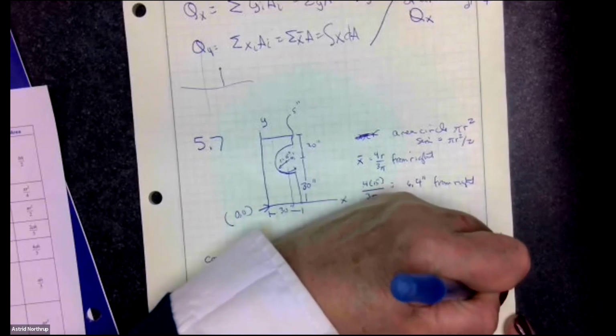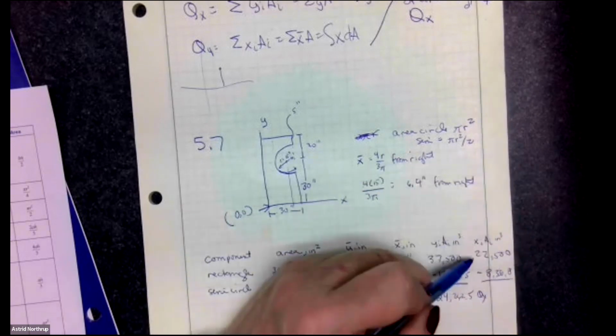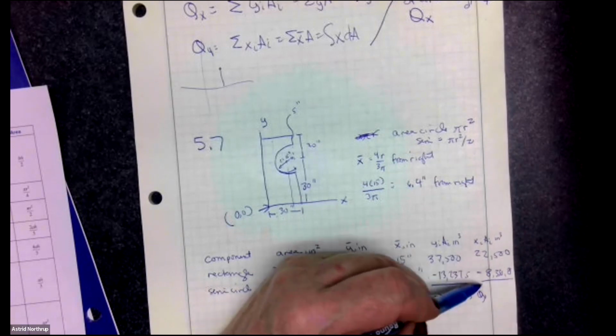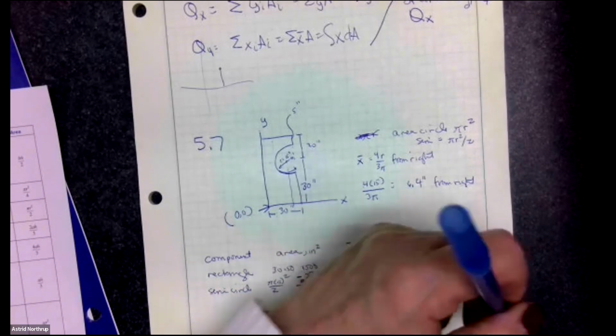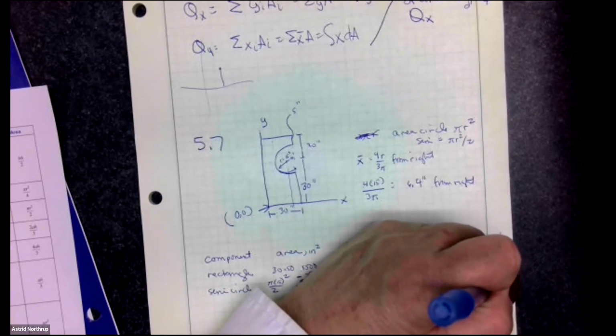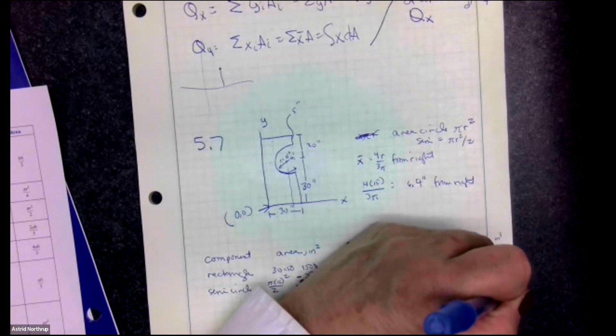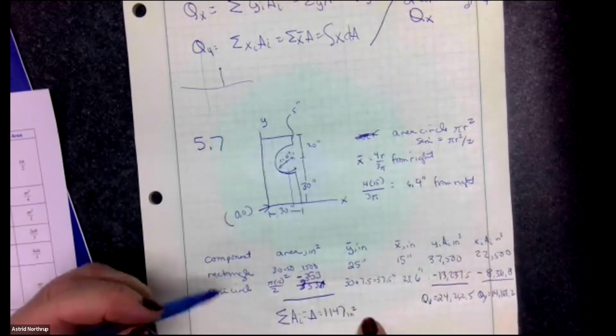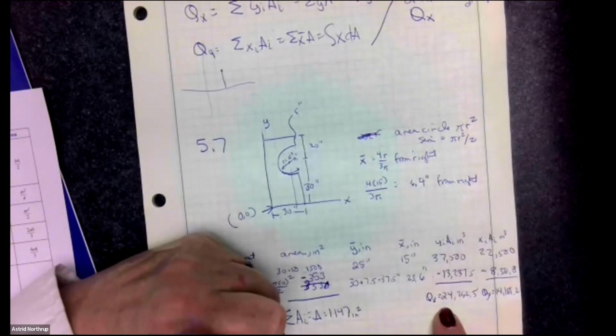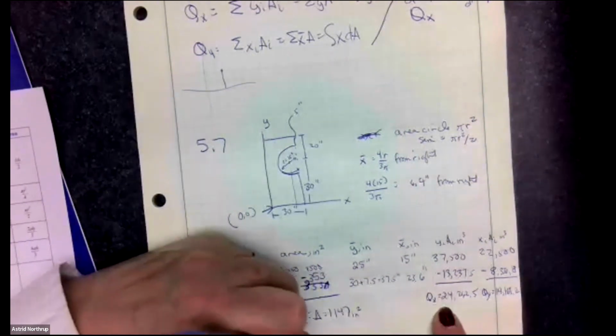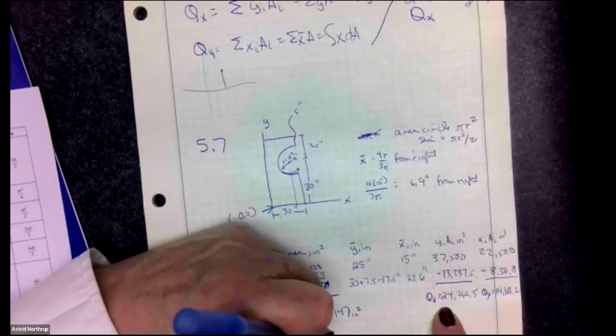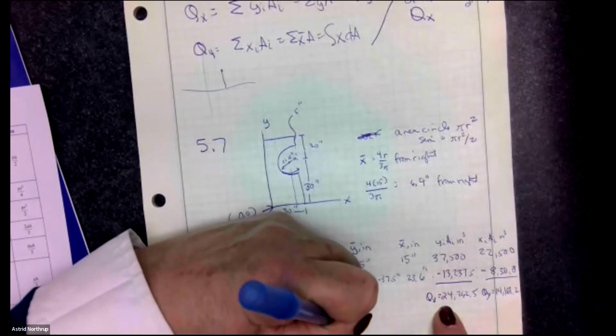And then my Q sub Y, which is the summation of these composite xi, ai, 22,500 plus a negative 8330.8. This number is 14,169.2.